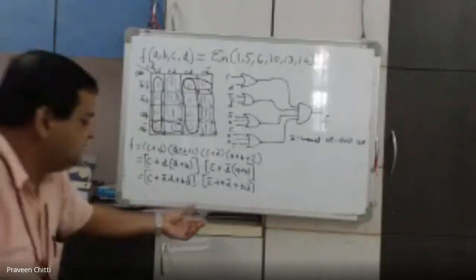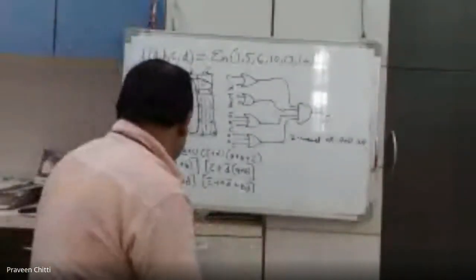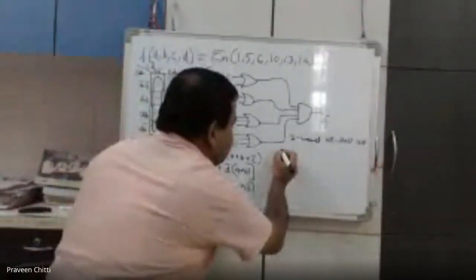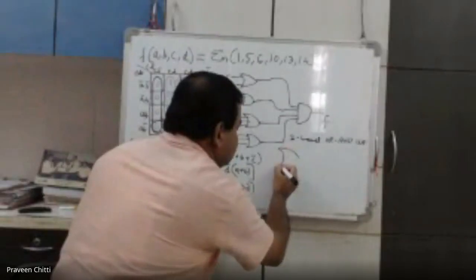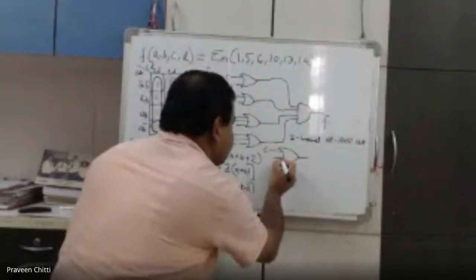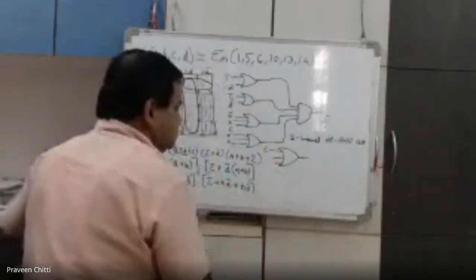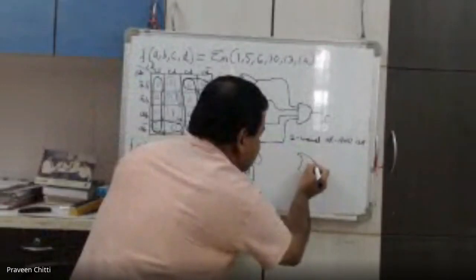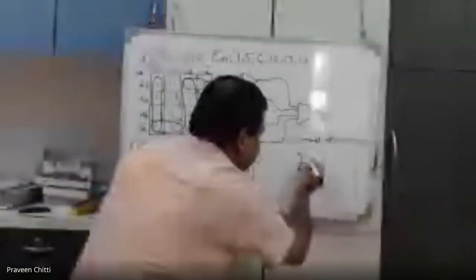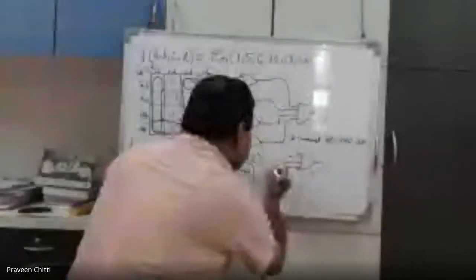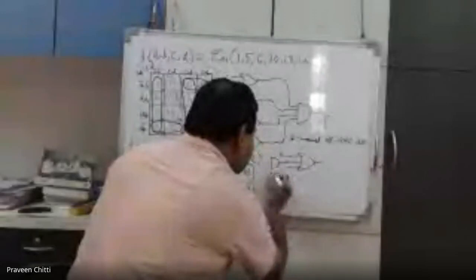So how do we get this? Right. So you can see here C plus A bar D plus BD I want. So what I can do is I will use one OR gate. Here I will give that C, and then space is required. So I draw here one OR gate. For this I will give C, and then 2 more terms. Those are obtained from AND gate, another AND gate, right?